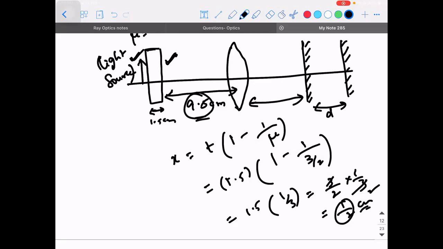If you don't know this point, what would have happened? Had you moved the screen towards the lens, then you would have taken the final image distance as 10 minus d. It is actually 10 plus d. That is the important point I want you to understand. Guys, does that make sense? Are you guys able to understand and visualize it?